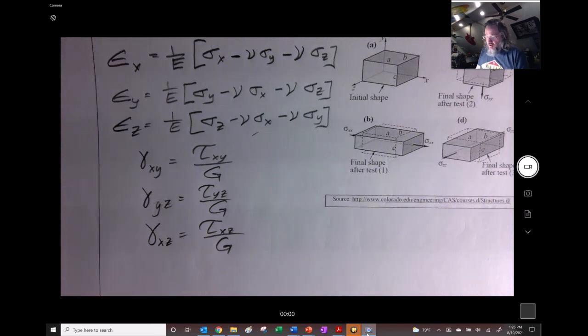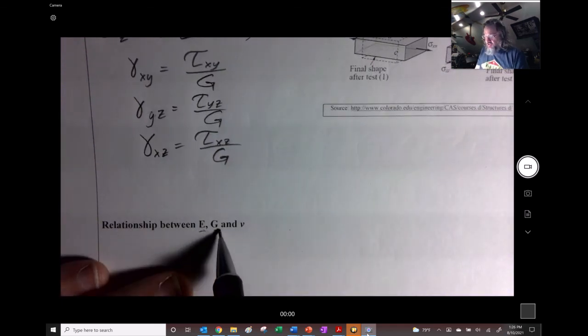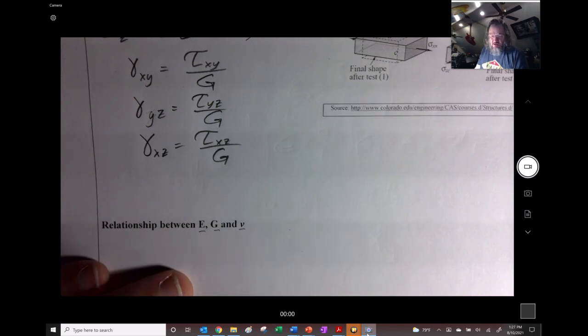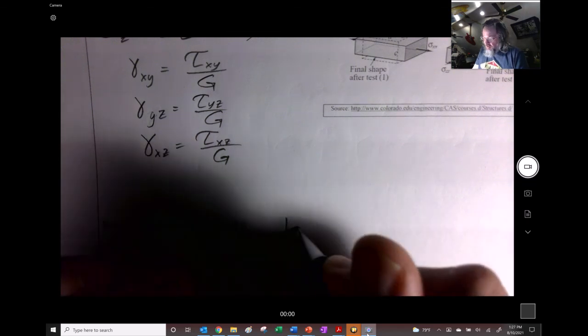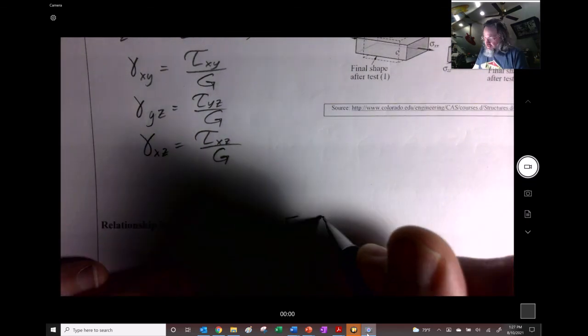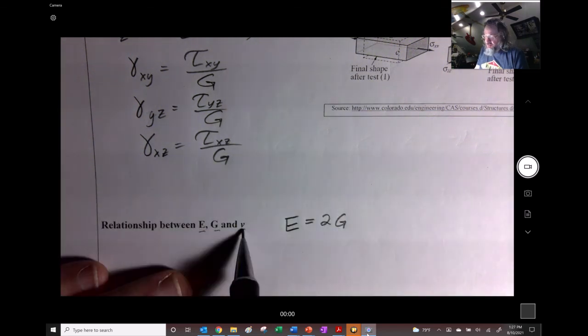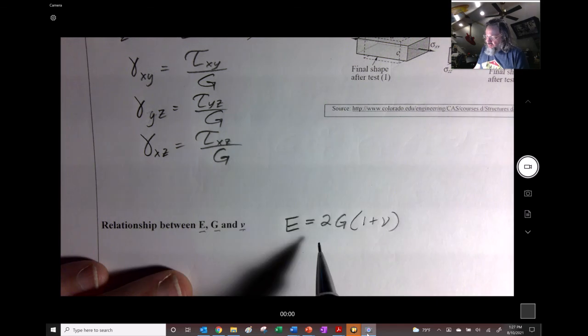Another thing we might want to know is that there's a relationship between these 3 material properties. If you know 2 of them, you're able to find the third. You don't always see all 3 written out in books. Sometimes they'll just give you elastic modulus and Poisson's ratio. If they give you all 3, you could actually check.